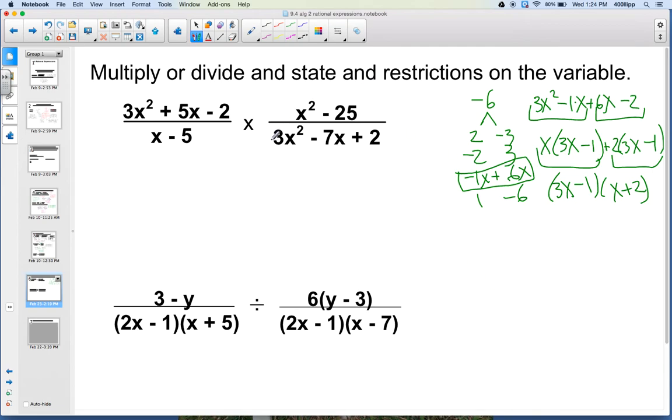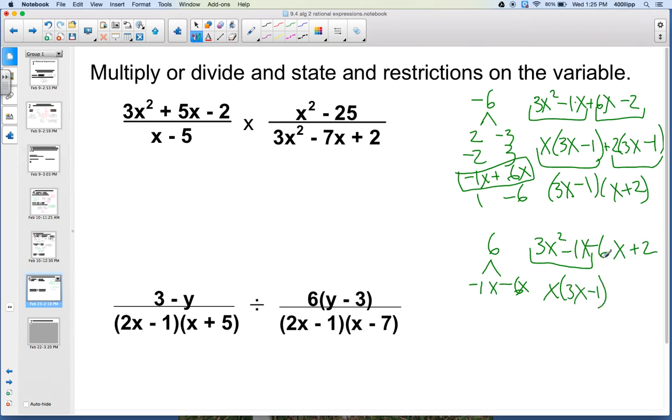This one here, we will do 3 times 2 is a 6. And then we say what multiplies to 6 and adds up to a negative 7. That's a negative 1 and a negative 6. So we're going to replace that bx term and simply get 3x squared minus 1x minus 6x plus 2. So again, we look to see what can I take out here, an x. We're left with a 3x minus 1 here.